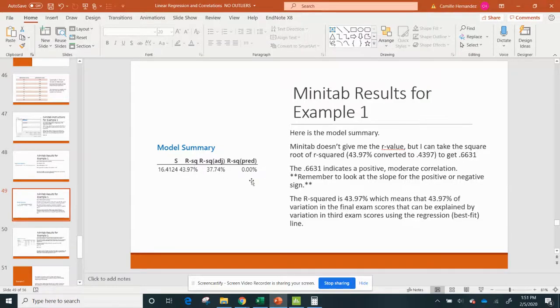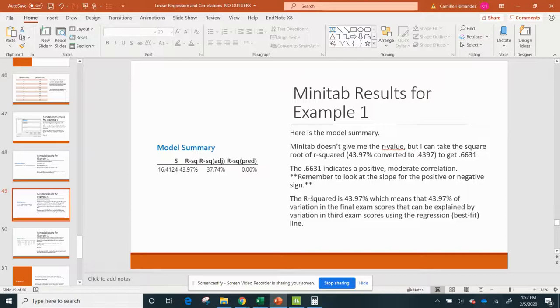That's my R squared value, and that means that 43.9% of the variation in the final exam scores can be explained by the variation in the third exam scores using the regression line. So basically 44% of the scores in the final exam can be attributed to the third exam scores. That's not bad, 44%. So there are other things that are affecting the final exam score.